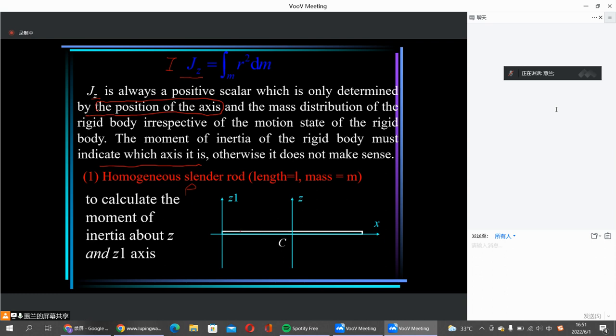The length is L and its mass is M. We need to calculate the mass moment of inertia about the z-axis and the z1 axis. Here you see we have two different axes.